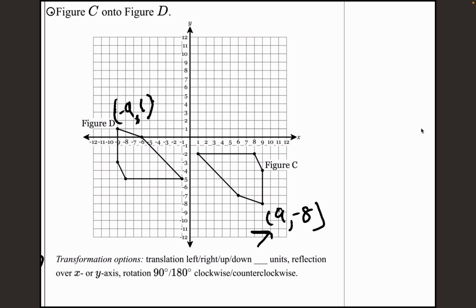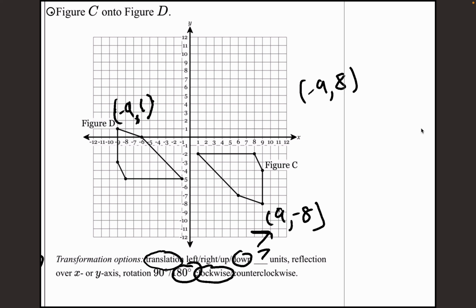You'd have -9, 8. Okay, we got to get -9, 1. So then what do we do to get -9, 1? Move it down 7. Yeah, we can move down 7. Okay, so you can do translation down 7 units, 180 degrees clockwise.